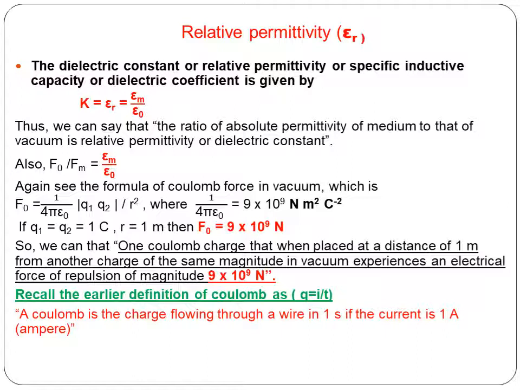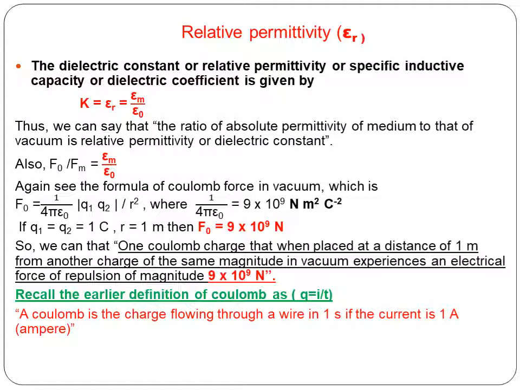Again, see the formula of Coulomb force in vacuum, which is F naught equal to 1 by 4 pi epsilon naught Q1 Q2 by r square, where 1 by 4 pi epsilon naught is equal to 9 into 10 to the power 9 Newton meter square Coulomb minus 2.